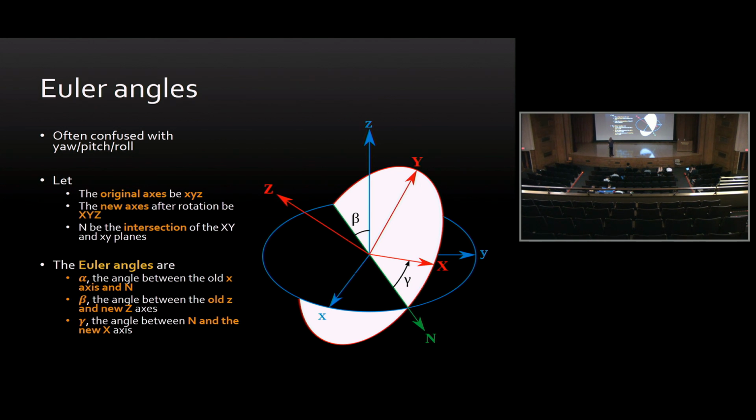That turns out to be a representation that you can use to represent any rotation. For any rotation, you can come up with these 3 angles, and they uniquely characterize the rotation.